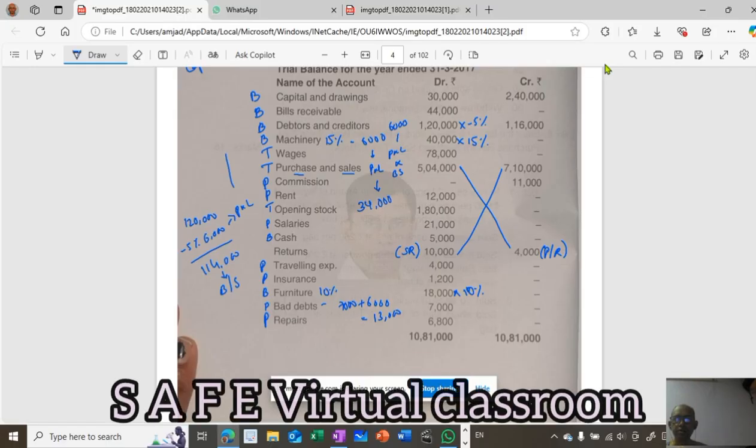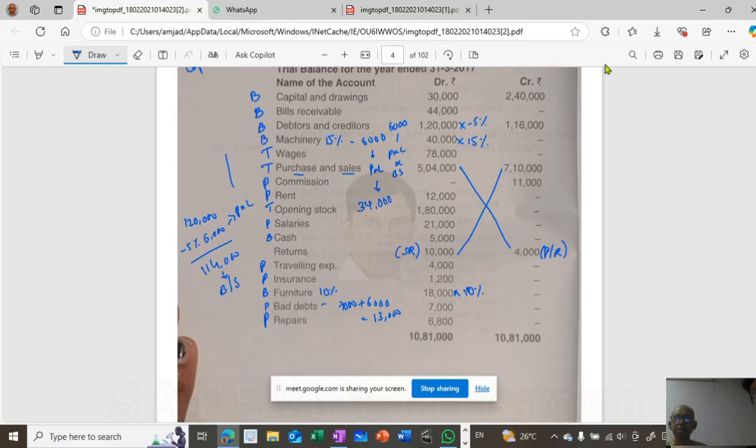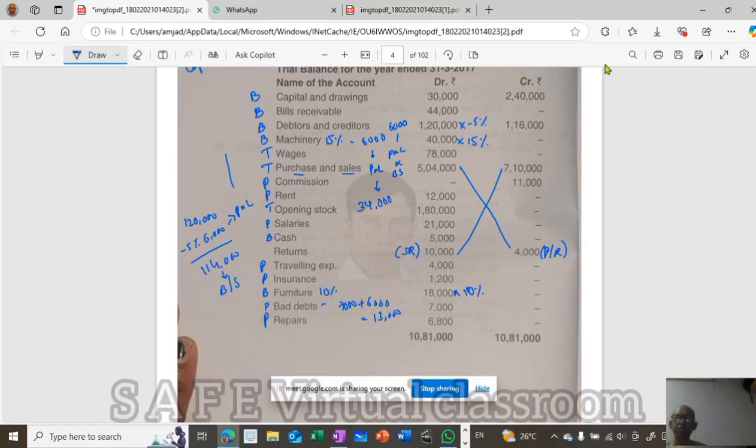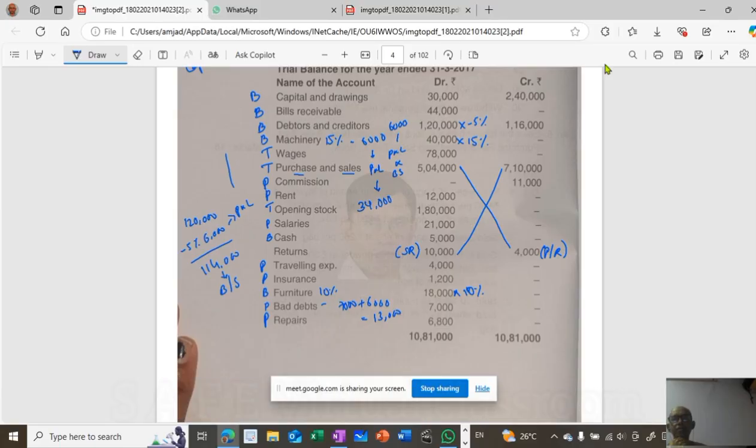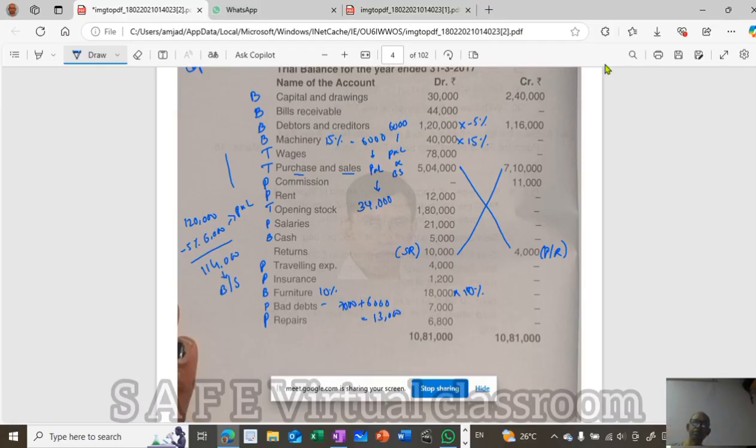I got minus 6,000. You didn't do it properly. 40,000 into 15% minus, equal to, you will get 34,000. Wait, I'll do it again. 40,000 into 15% minus equal to. 34,000. That is the way you have to use the calculator.